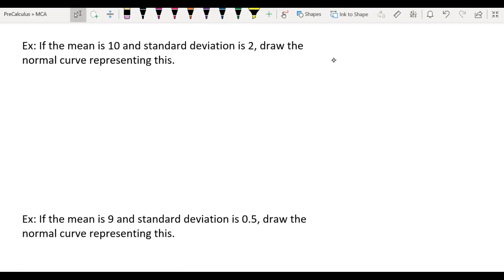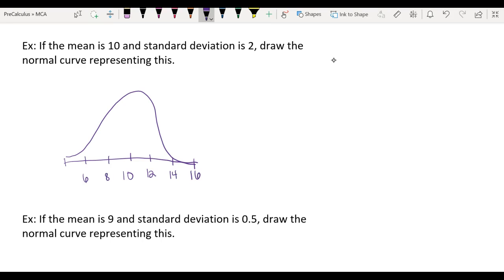So this says if your mean is 10 and your standard deviation is 2, draw the normal curve. So you would look for a bell-shaped curve. Your mean is 10. A standard deviation of 2 means this is 12, 14, and 16. And then this would be 8, 6, and then 4.